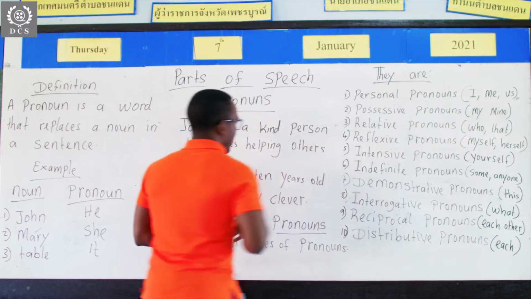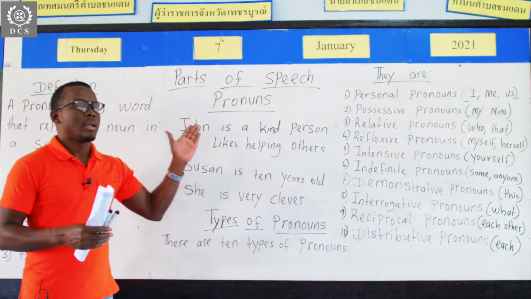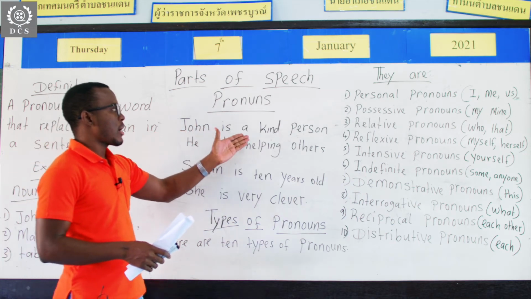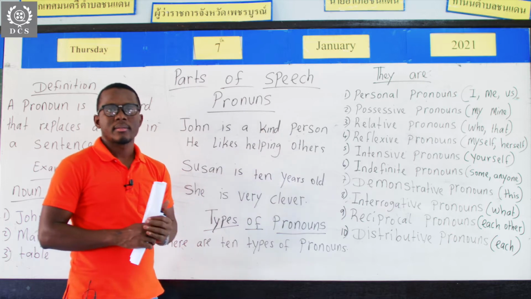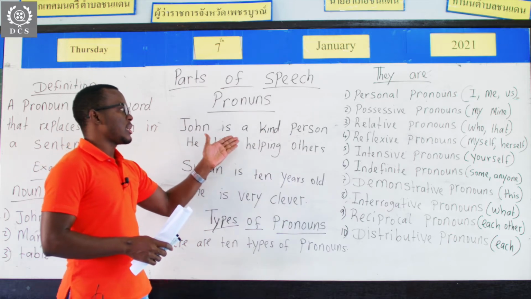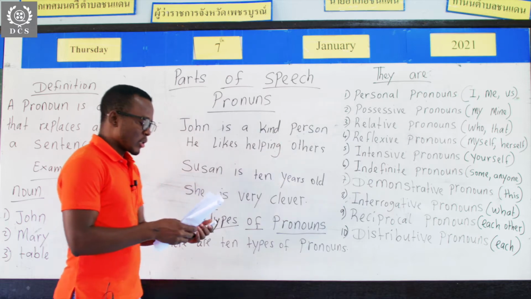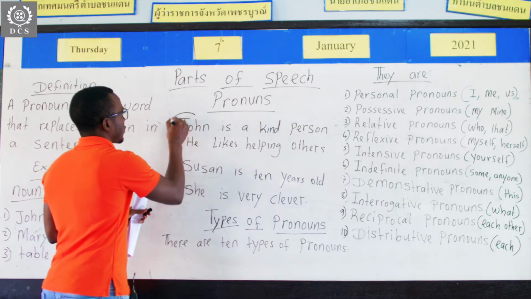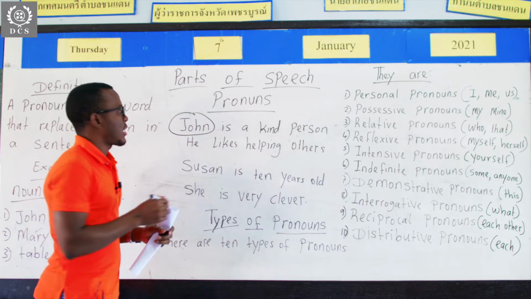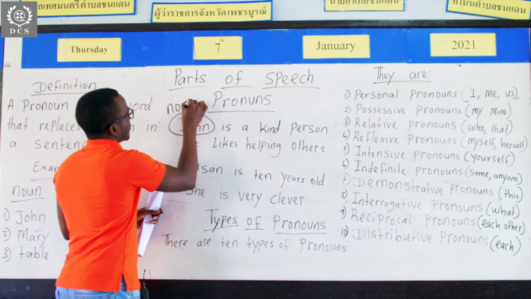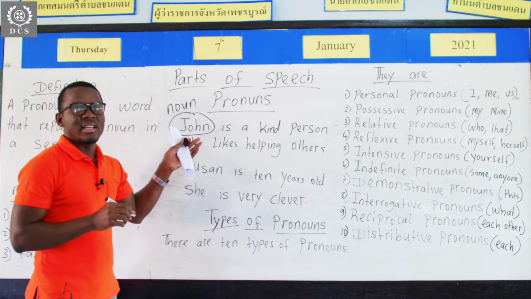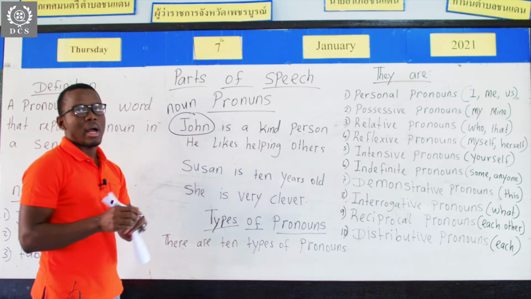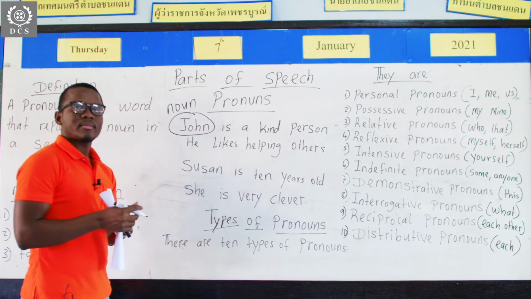Let's look at this other example over here. Okay, look at it carefully. John is a kind person. So in this sentence, we can see that John is a noun. John is the name of a person. So John is a noun. Look here, the second one.